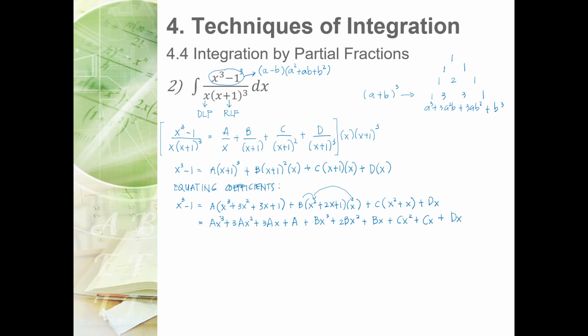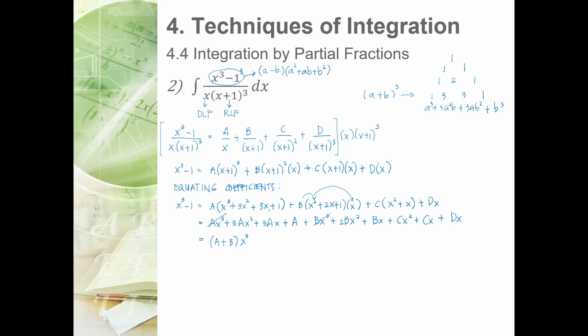So again, grouping together the similar terms. So the cube one first. So A cube, and then plus another cube here, B. And there's no other cube variables. So this is x cubed.